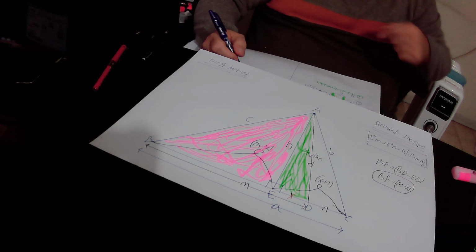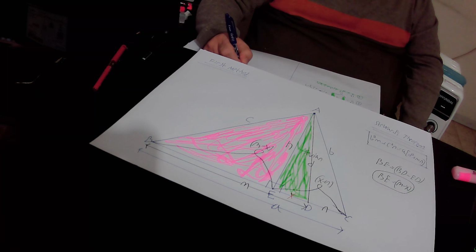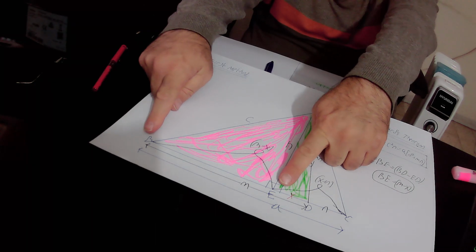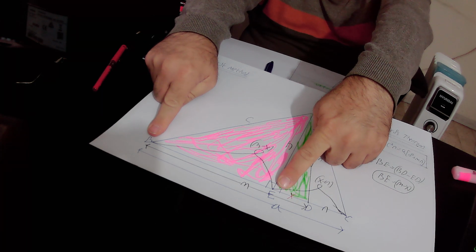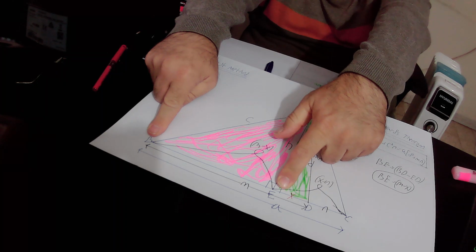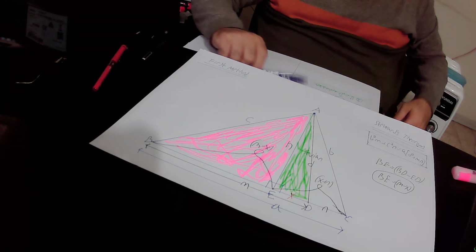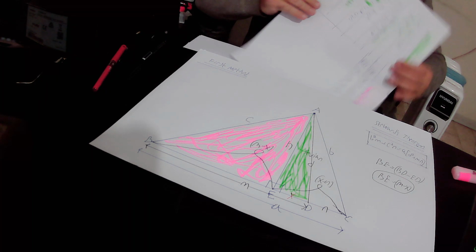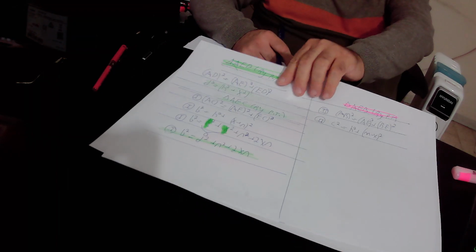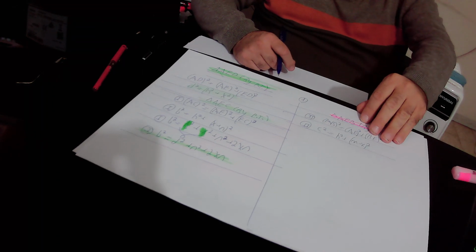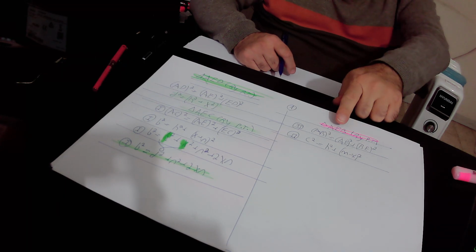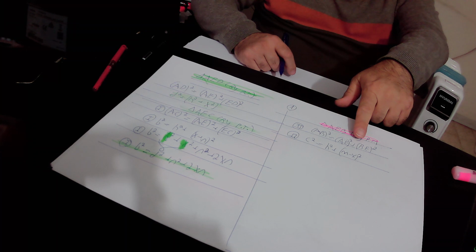AE is H, therefore AE squared is H squared, plus BE squared. BE, we already found out that BE equals M minus X. Therefore BE squared equals (M minus X) squared. So in conclusion, according to equation number 2, in the right pink triangle AEB, C squared equals H squared plus (M minus X) squared.